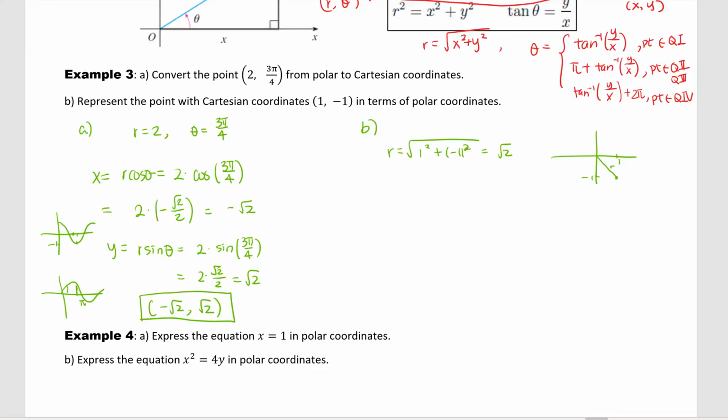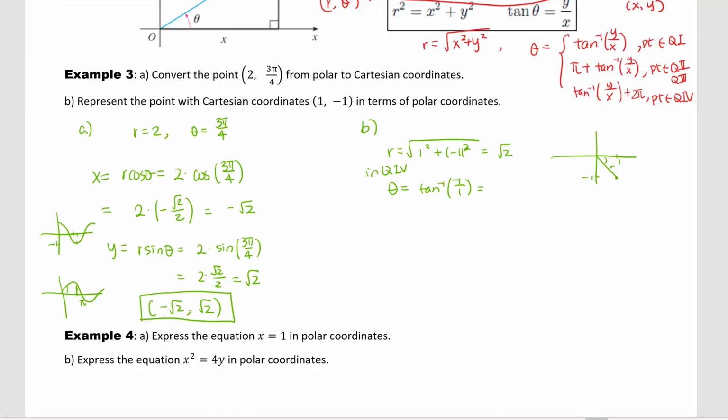And what is the angle? You can see this is in quadrant 4. In quadrant 4, we can just do arctangent of y over x, which is negative 1 over 1.